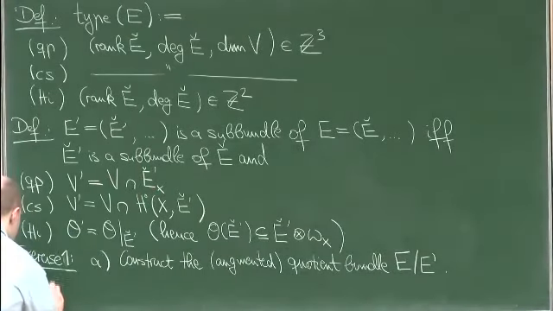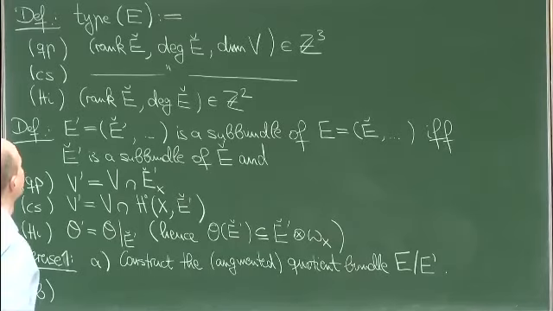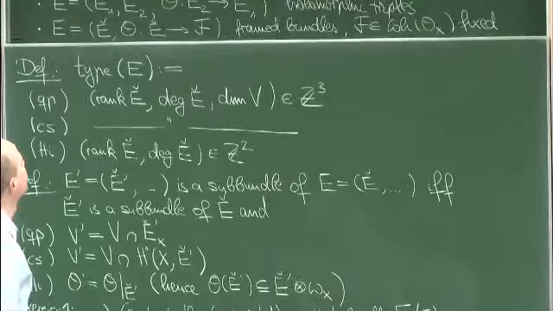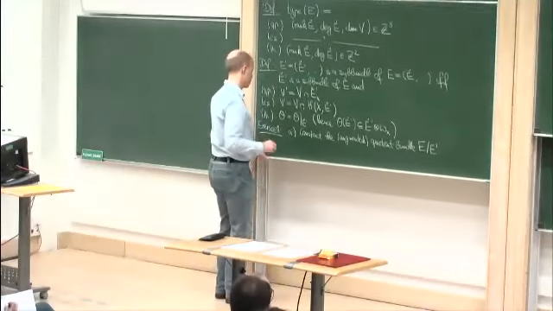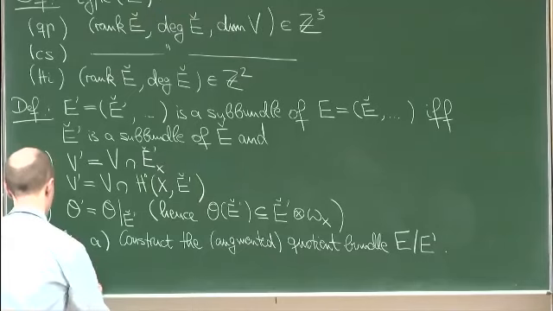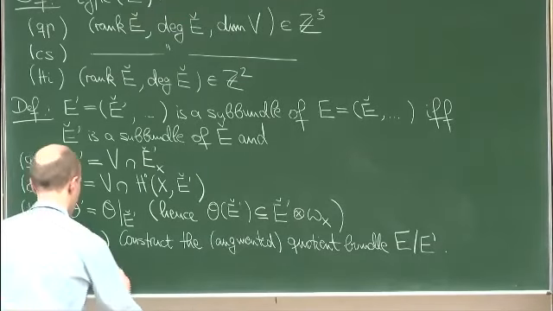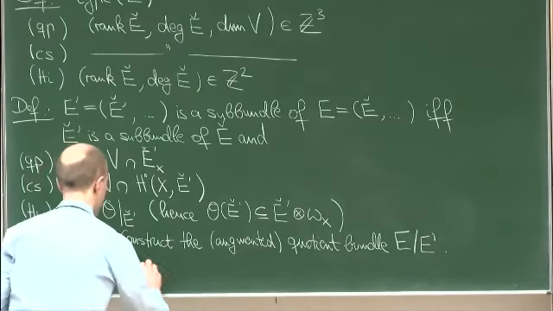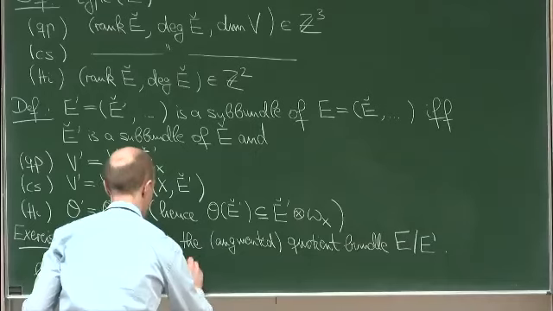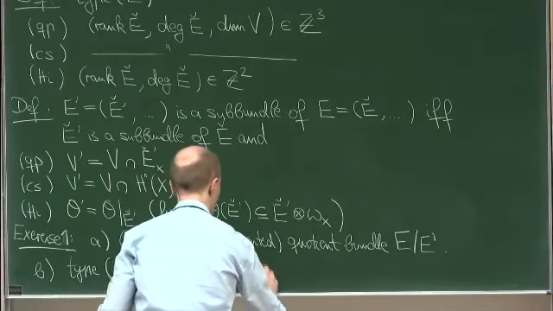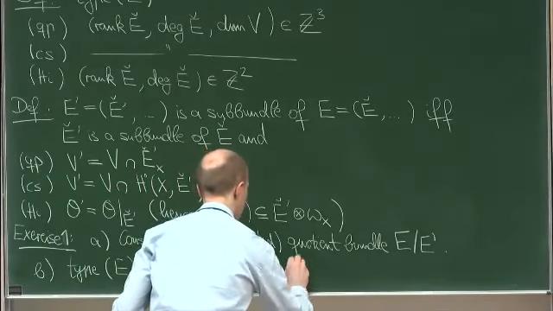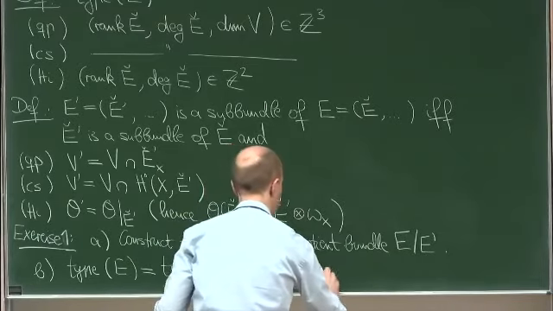And then the second part is to convince yourself that this is compatible with the discrete invariants. So whenever you have an augmented bundle and a subbundle, the type of the big bundle is the sum of the types of the subbundle and the quotient bundle that you've just constructed in the first part of the exercise.